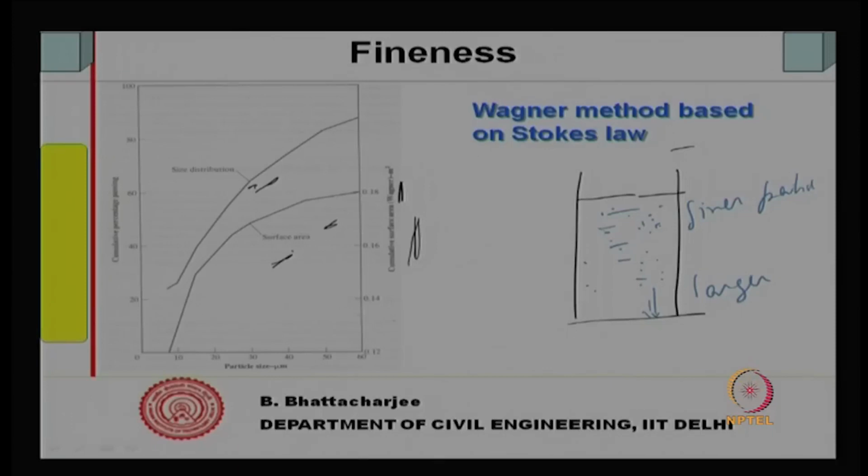The Wagner method is based on a similar principle, but you can view this through an optical method, counting the number of particles at this depth and other depths, and you can get the specific surface. You can also determine the size distribution, and that is how the relationship is. Now, most popular of course is Blaine's surface area measurement.